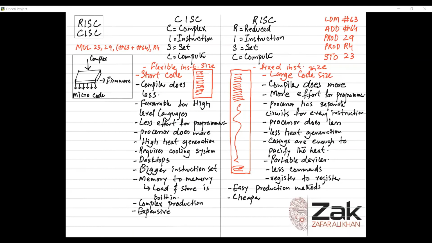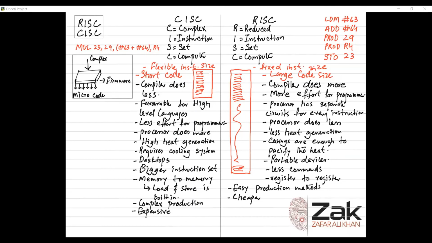But if you have a desktop or laptop, they might have fan outlets and heat sinks in them. Nowadays, I'm not actually referring to the modern cell phone in terms of the latest phone, because they have heat sinks as well. And nowadays, hybrid means CISC and RISC, they both are being used by the processor.